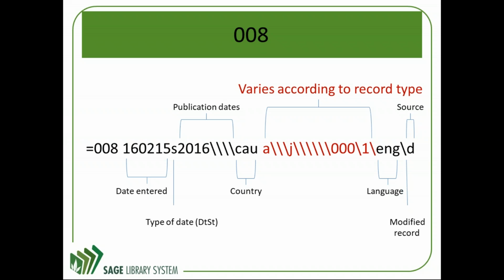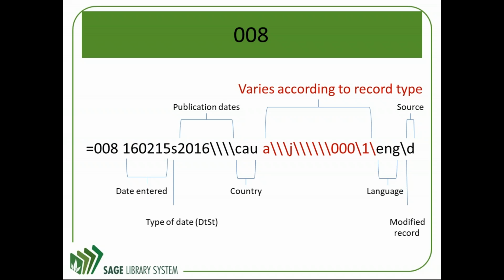And then after that, we have the country code, in this case CA for California and U for United States. And then at the end of the sequence, we have the code for the language, English.